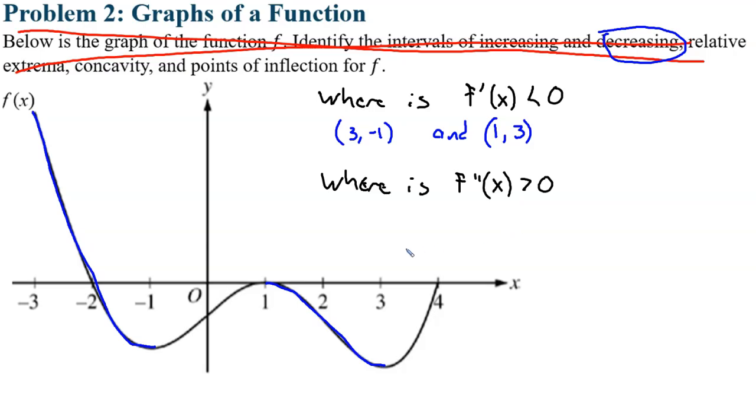So in this case, it looks like we are concave up through my graph until I get to 0. It appears that 0 is an inflection point where we're flipping concavity. And then it also looks like we're concave up from about 2 the rest of the way. So those intervals we could say are -3 to 0 and 2 to 4.